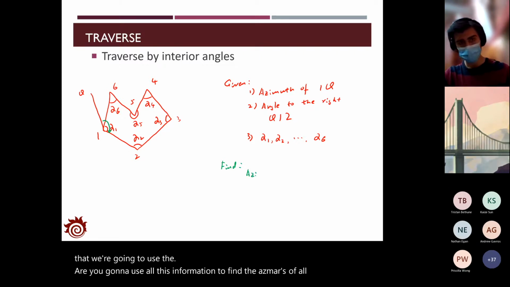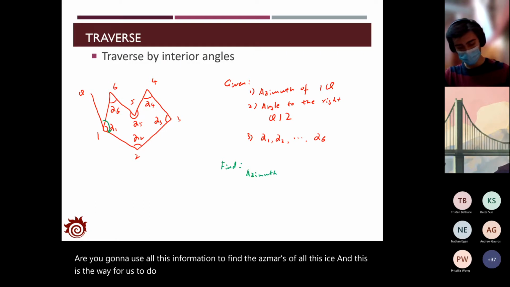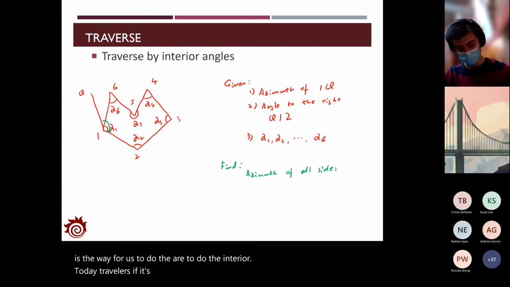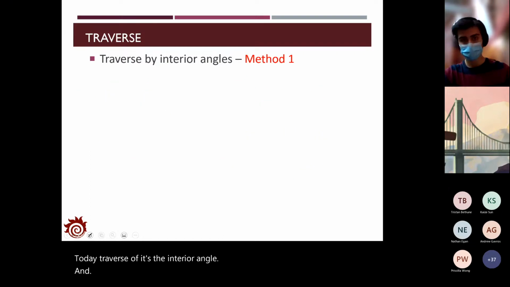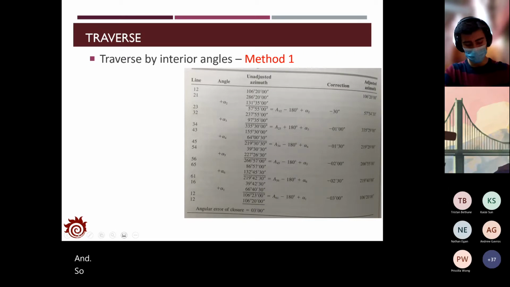And this is the way for us to do the traverse with the interior angle. So let's just see one example about the traverse with the interior angle.